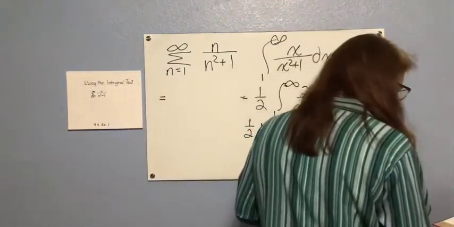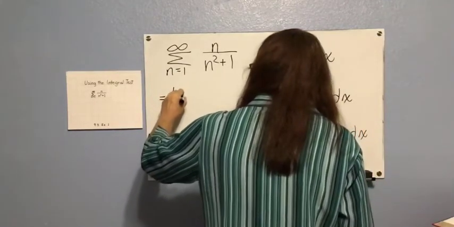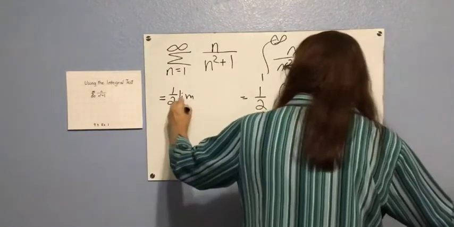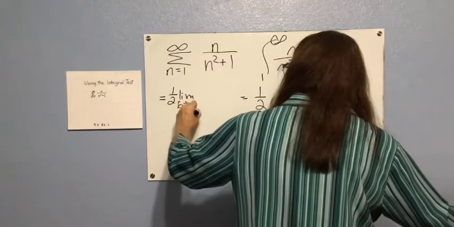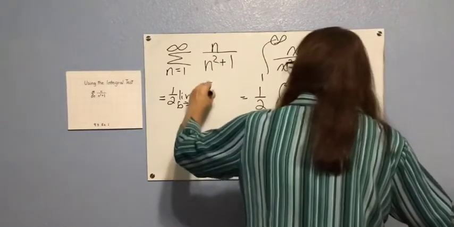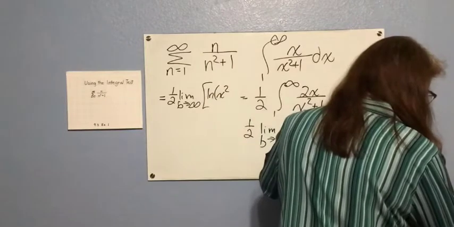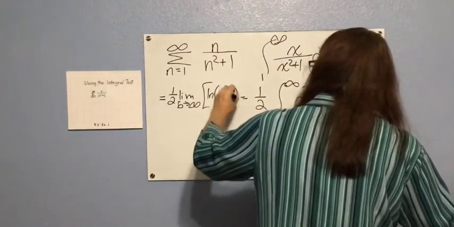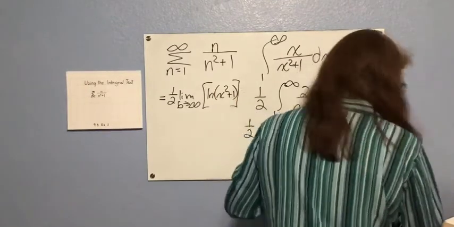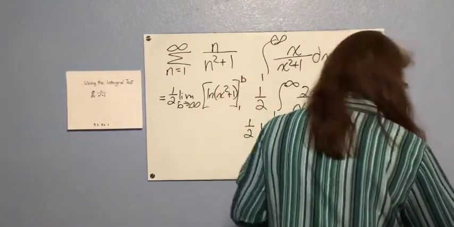which is equal to 1/2 of that limit as b goes to infinity of natural log of x squared plus 1. And we're going to evaluate that from 1 to b.